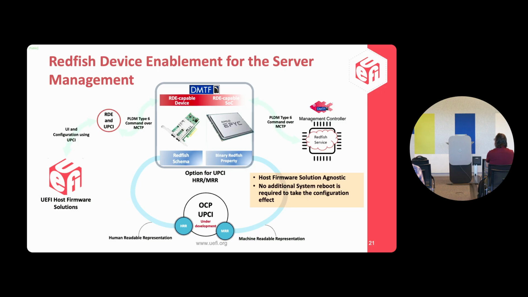The PCI option card has the same capability, right? So for the OCP UPCI format, can we leverage RDE, where we use binary encoded JSON as the machine readable representation, and plain text JSON as the human readable presentation?